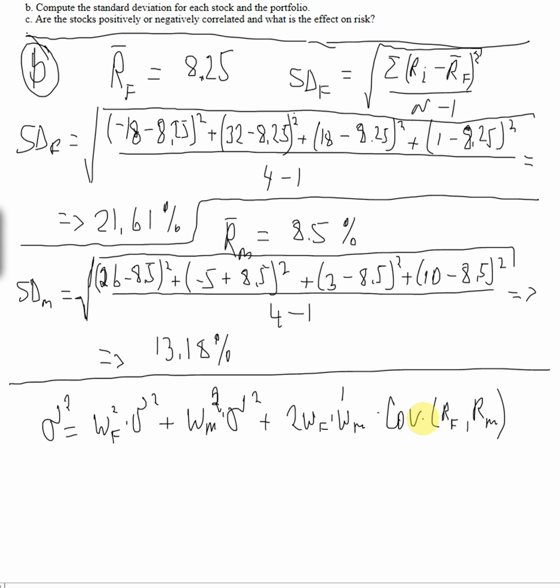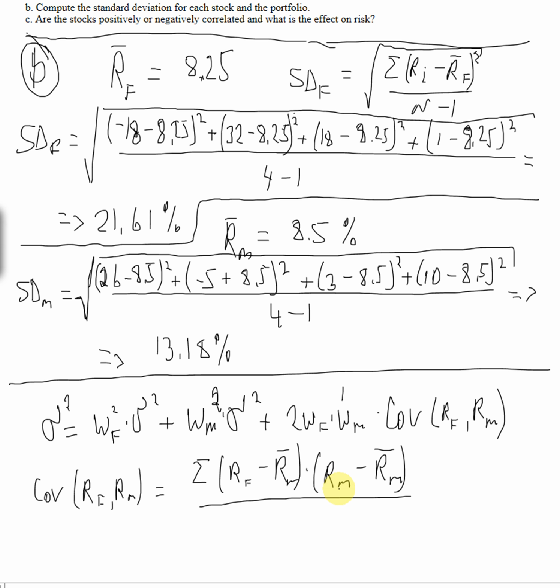Well, we can use the covariance formula, which says the covariance of RF and RM equals the sum of the products of the deviations themselves, not squared deviations. These are simple: each of the returns from the table above for F and M, and this is again divided by n minus 1.